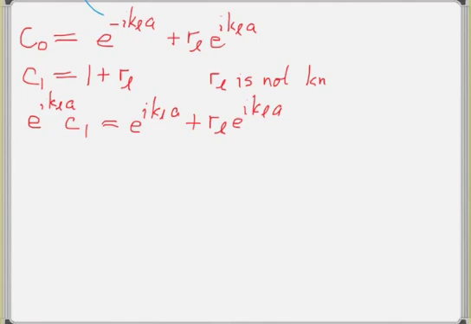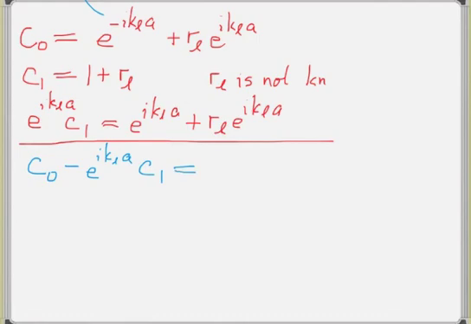So if I subtract the bottom equation from the top equation, I have C0 minus e to the i kL a C1 is equal to e to the minus i kL a minus e to the plus i kL a.